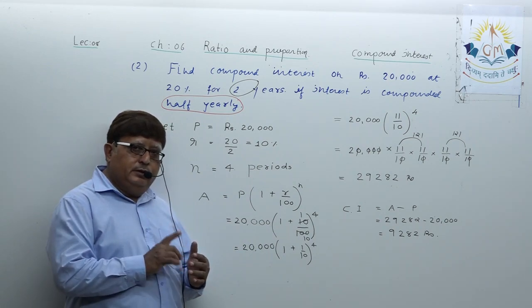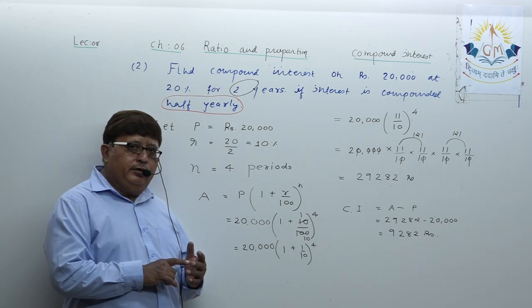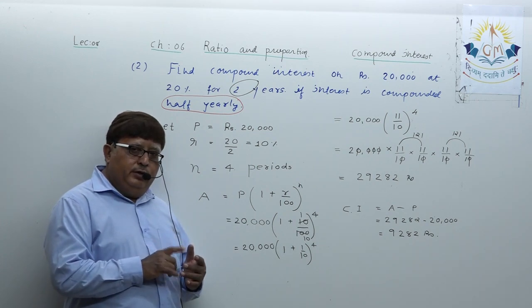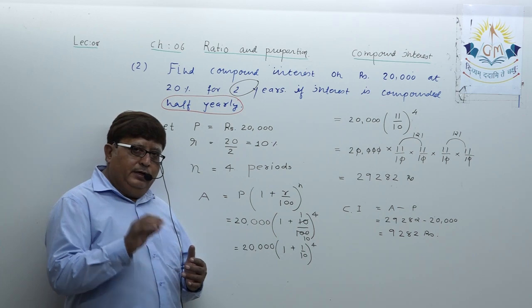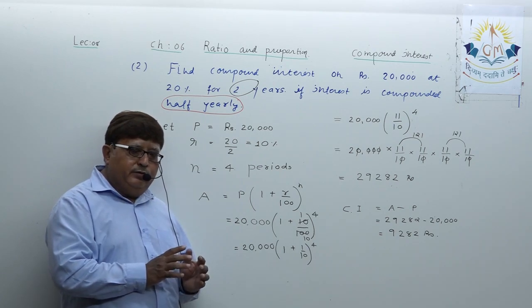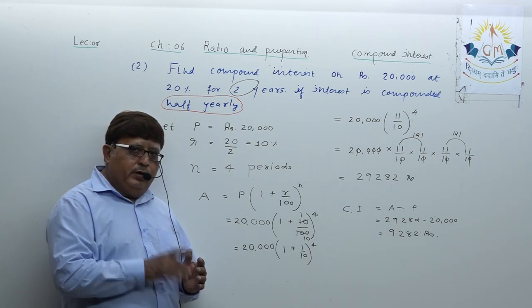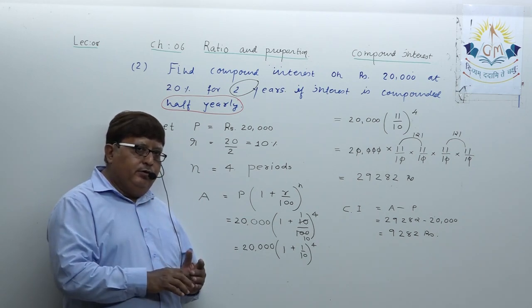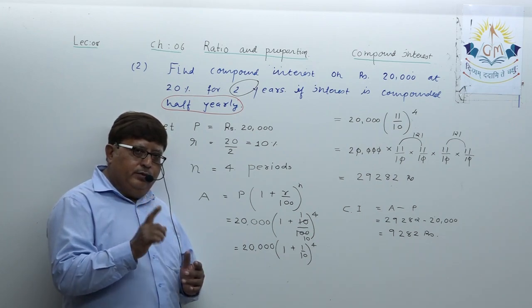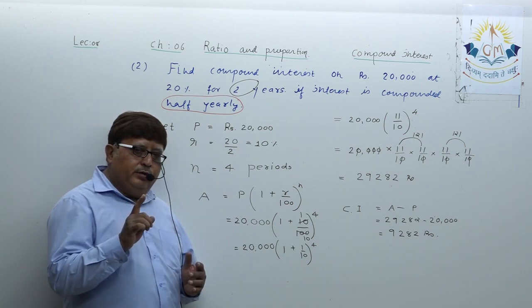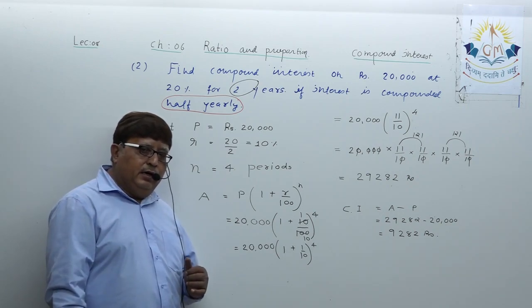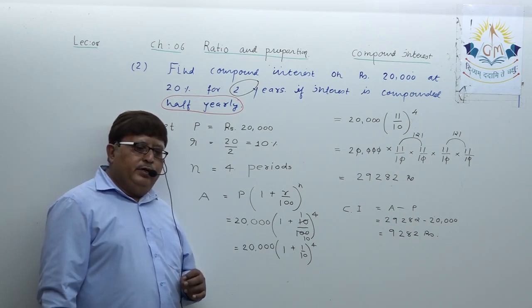One change is in rate of interest. Every time whenever you solve any example and you catch this caution point, that interest is to be compounded half yearly, what you will do, whatever the rate of interest is given needs to be halved, divided by 2. And how to represent n?